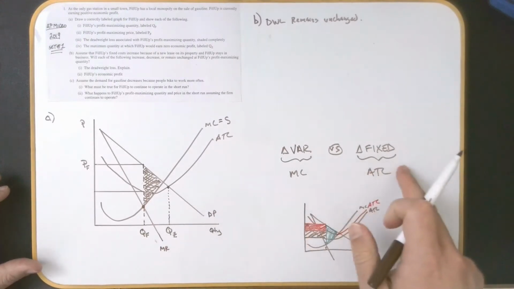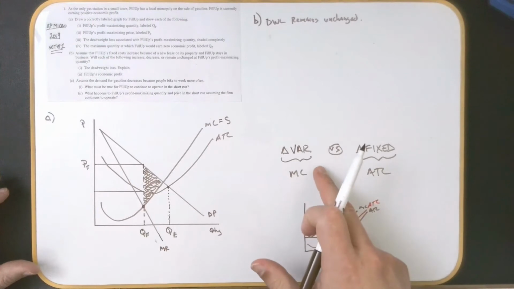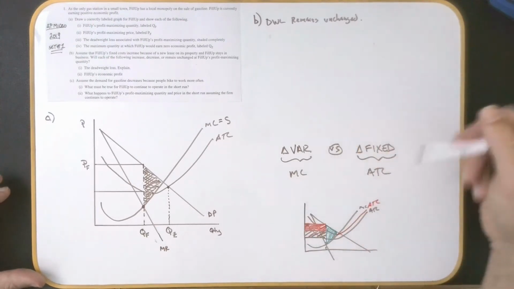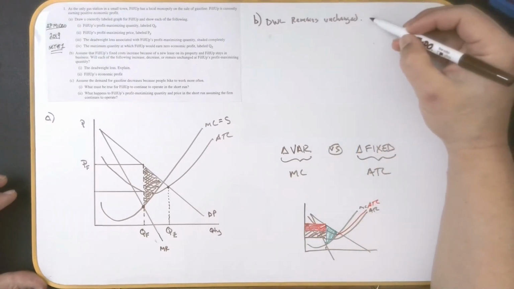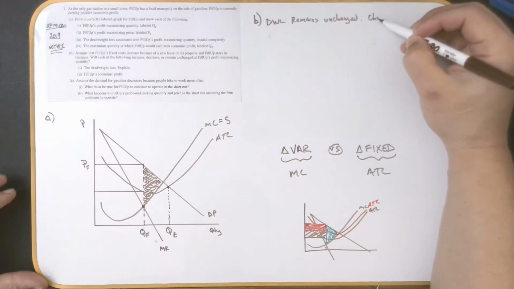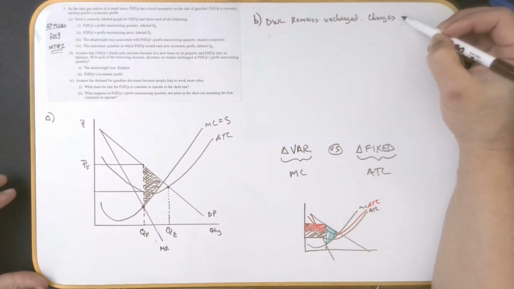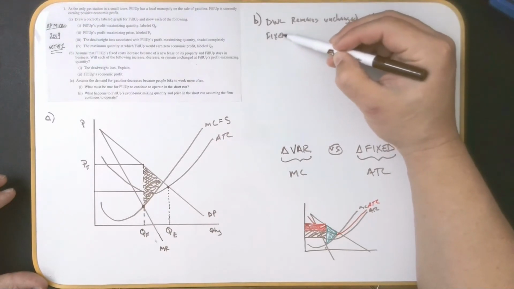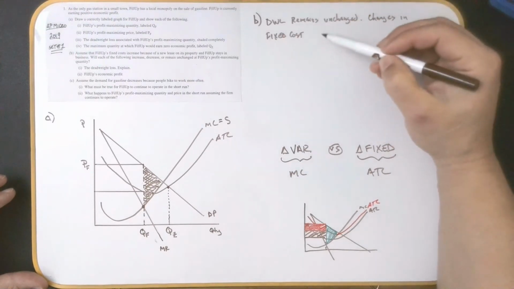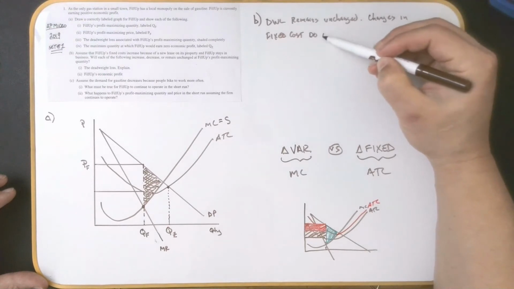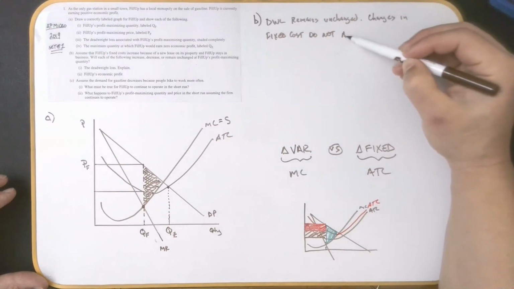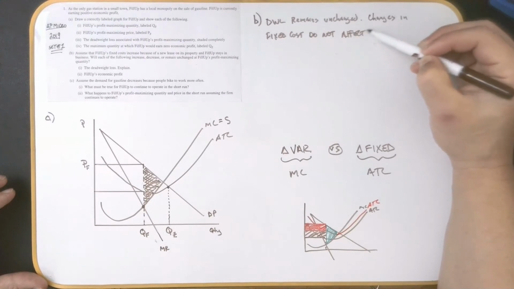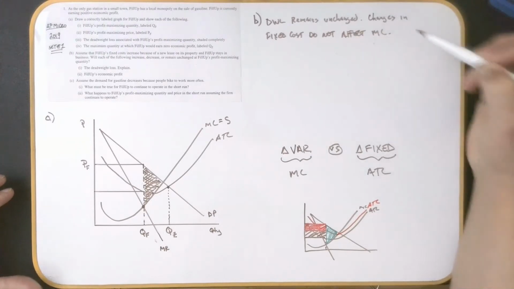Because they're having you differentiate between variable cost changes and fixed cost changes, you can just say changes in fixed costs do not affect marginal cost.